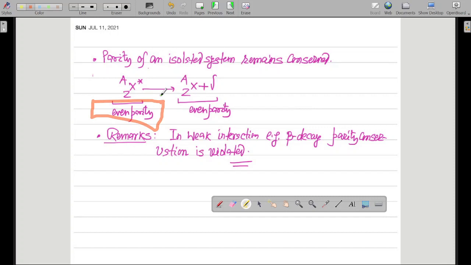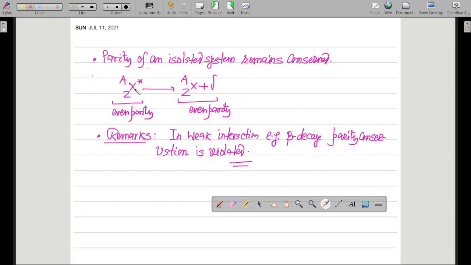Suppose, I am saying suppose. It is just an assumption that this particular nucleus had even parity when in the excited state, and the system is isolated. So the nucleus emitted a gamma ray and came back from the excited state to the ground state.